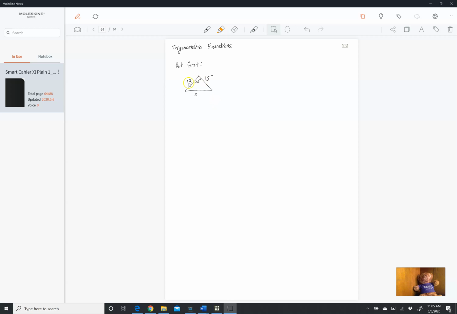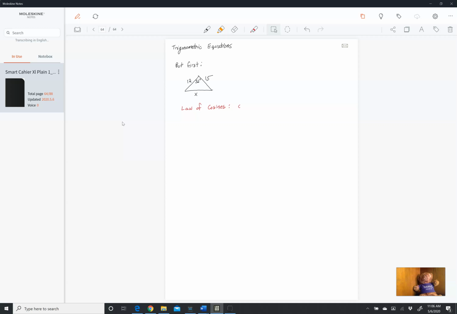And in this particular case, we can use something called the law of cosines. So the law of cosines uses three sides and an angle, okay?